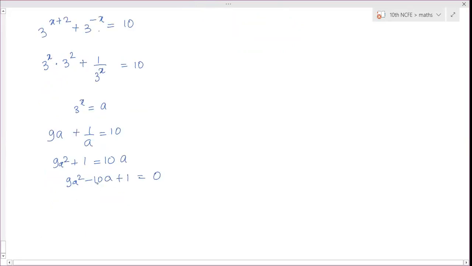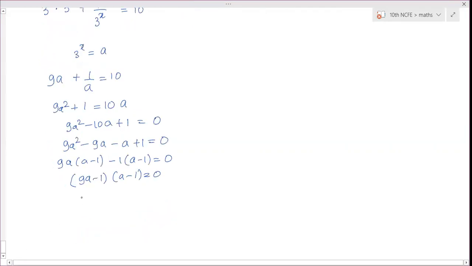Now 9 into 1 is 9, that means 9 and 1. 9a square minus 9a minus a plus 1 is equal to 0. 9a into (a minus 1) minus 1 into (a minus 1) is equal to 0. (9a minus 1)(a minus 1) is equal to 0. So the value of a is 1 by 9, or the value of a is equal to 1.